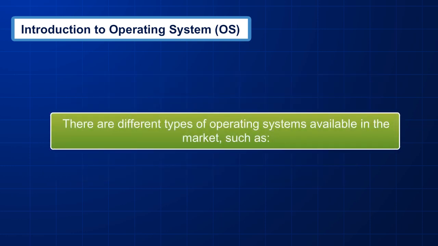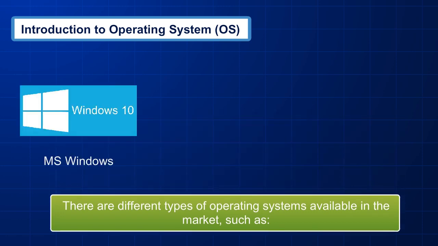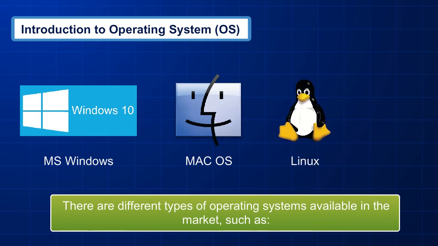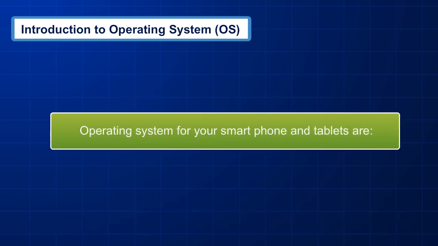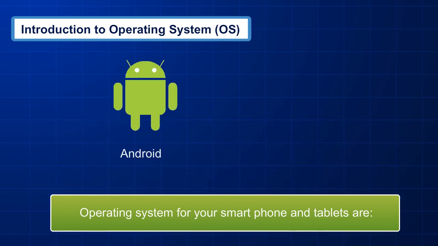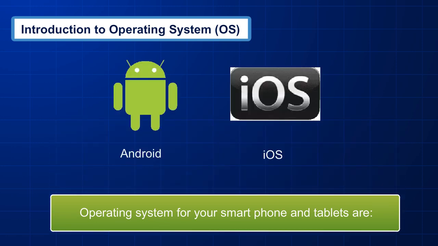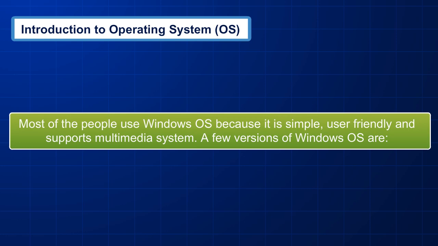There are different types of operating systems available in the market, such as MS Windows, Mac OS, Linux, Ubuntu, Android, and iOS. Operating systems for your smartphones and tablets are Android and iOS. Most people use Windows OS because it is simple, user-friendly, and supports multimedia.